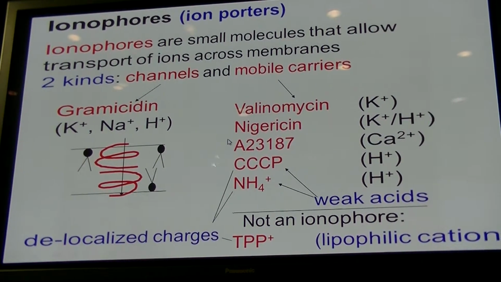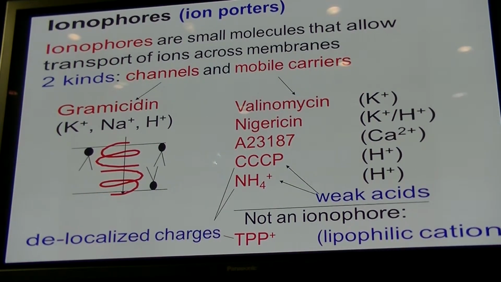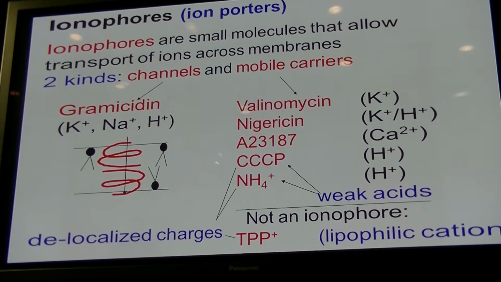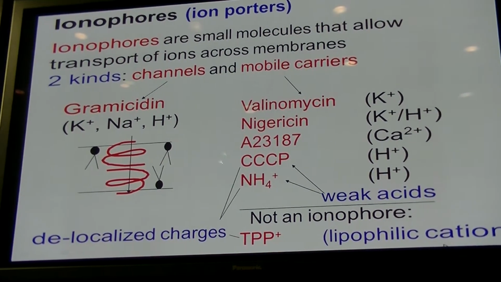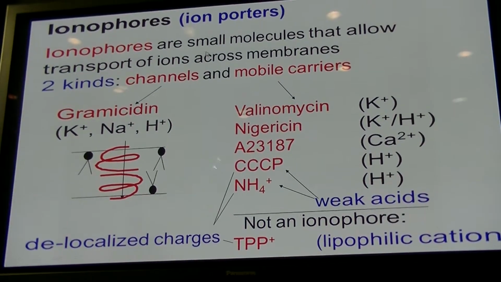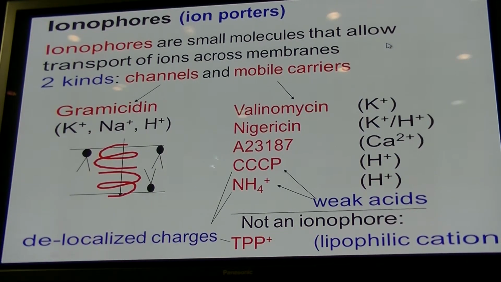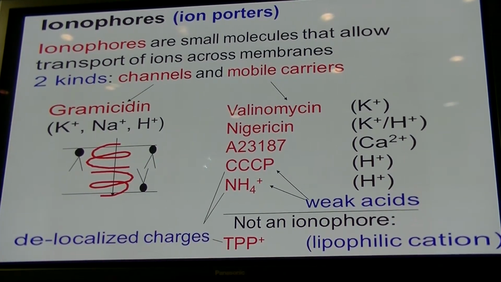Okay. How do we know about some of these things about membrane potentials? Well, there are some tricks and some interesting molecules that we can use. The interesting molecules that we like to use are called ionophores. They're small molecules, and they allow transport of ions. Ionophore means carrier of an ion.